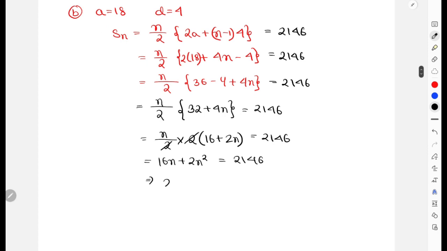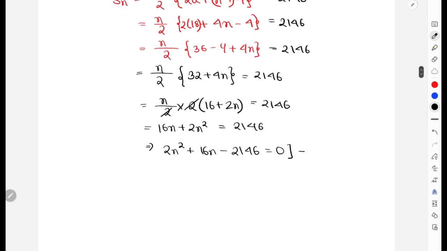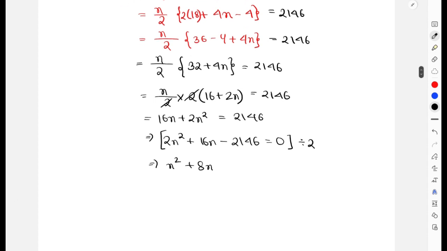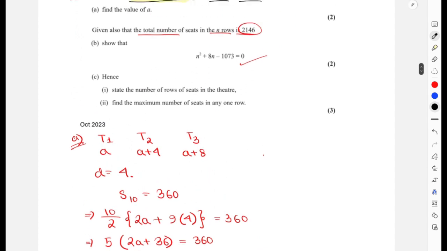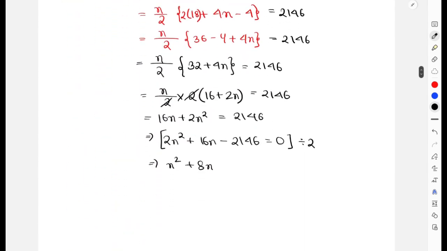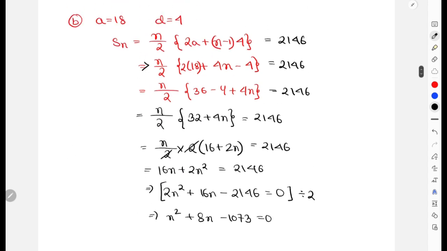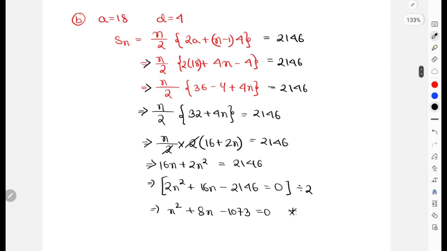If you take all of these numbers to one side, minus 2146, and divide the entire expression by 2, then this becomes n square plus 18n, and 2146 divided by 2 should give you 1072. One minute. Yeah, 1073. Sorry, 1073. So minus 1073 equals 0. And that was the expression which was to be shown in part B. We have clearly represented that. So this is our working for part B.